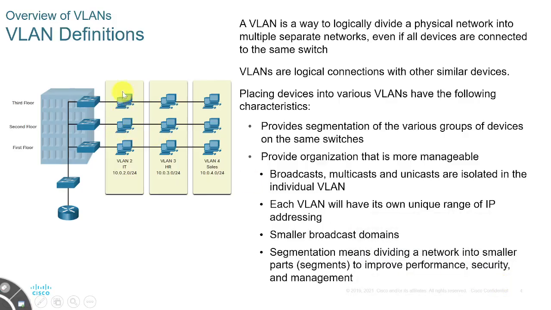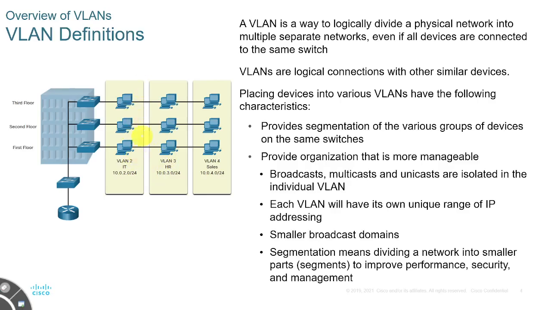So if we do broadcasting or multicasting or unicasting within this VLAN, the third VLAN doesn't know anything about all this stuff that's going on here. So the traffic is isolated. So this is why we need to communicate between different LANs.